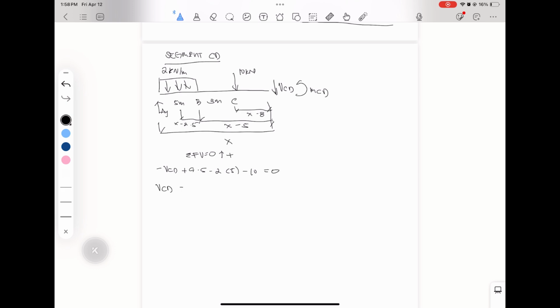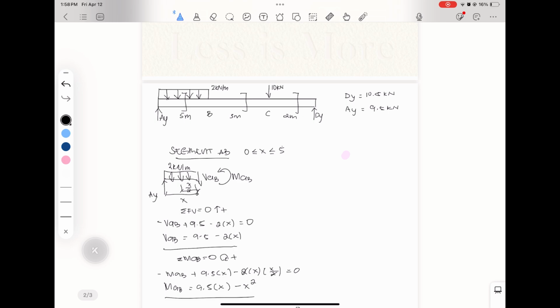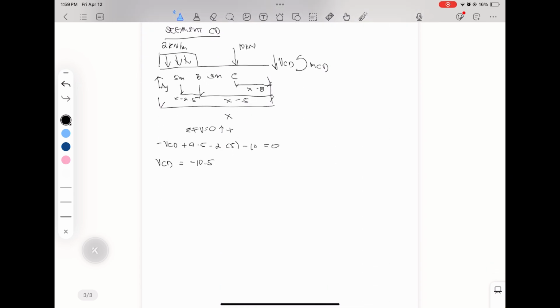So VCD is equal to negative 10.5, which is the same as our Dy. As you can see, it's the same as our Dy, so it's correct. So this is the shear for VCD.